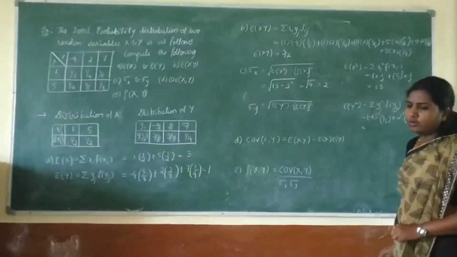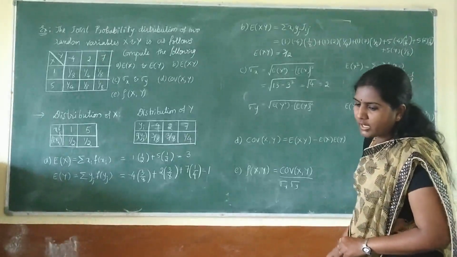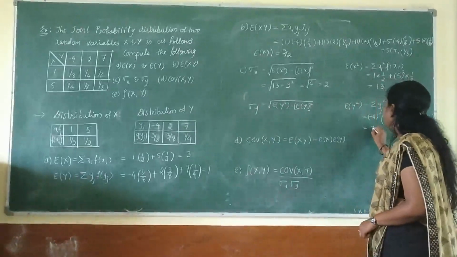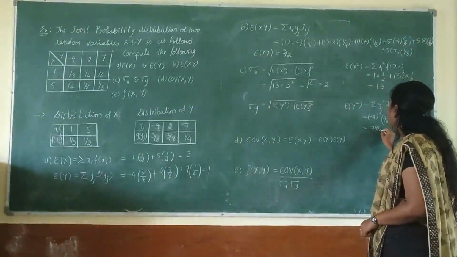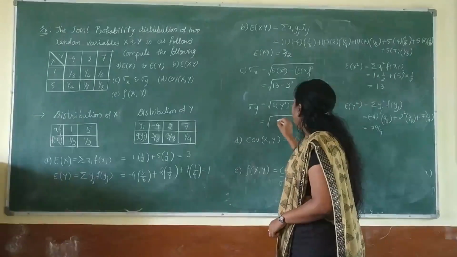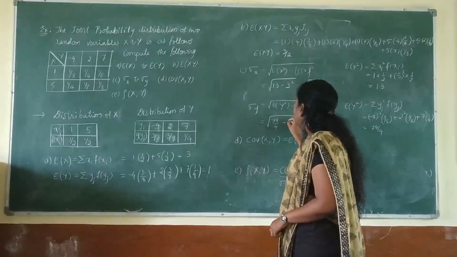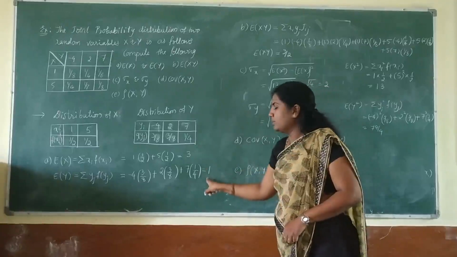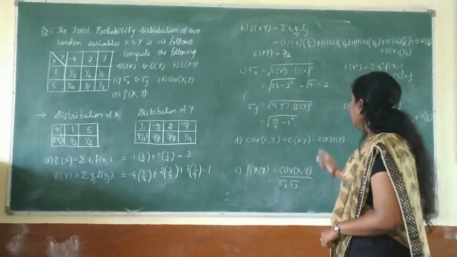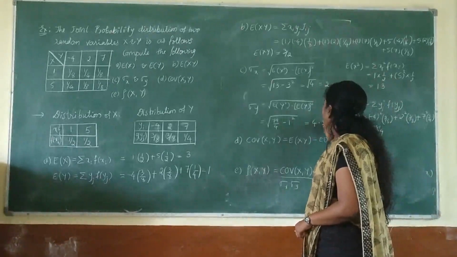Simplify this one. After simplifying, E of y square we are going to get 79 by 4. Substitute here: square root of 79 by 4 minus E of y, which is 1, square. Simplify this one. After simplifying, we are going to get 4.33.